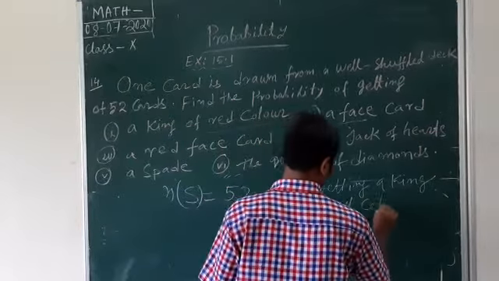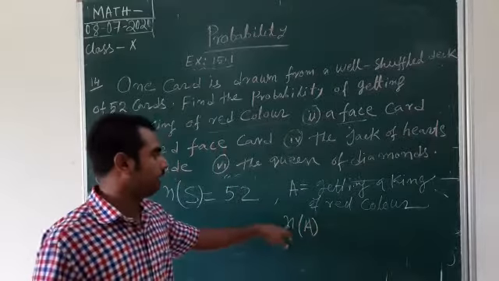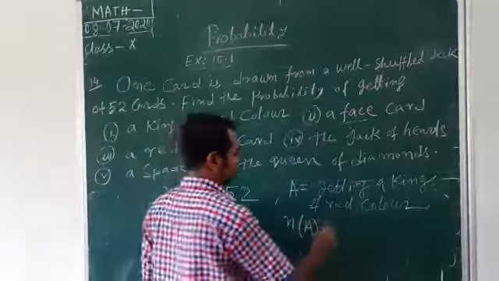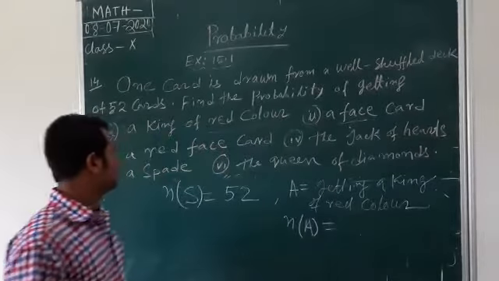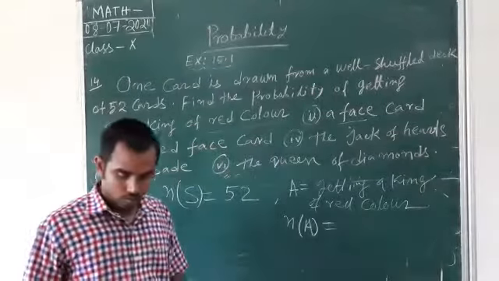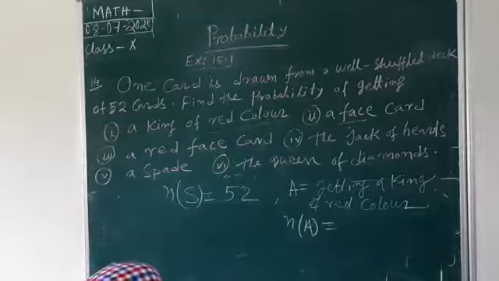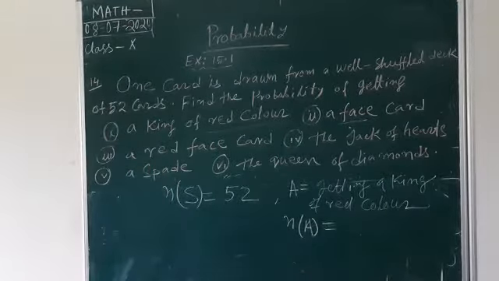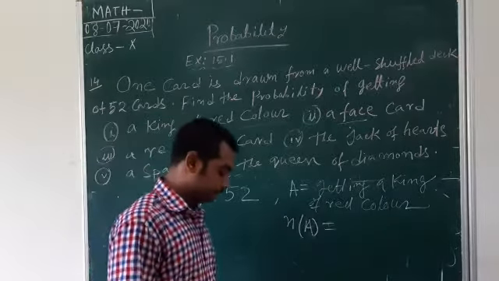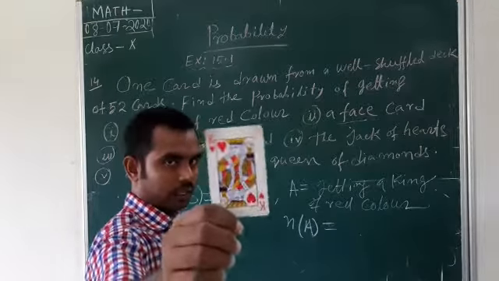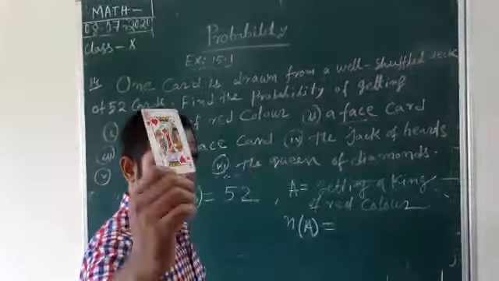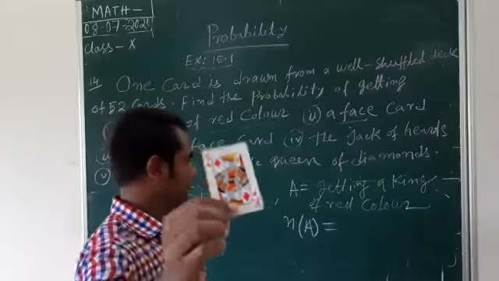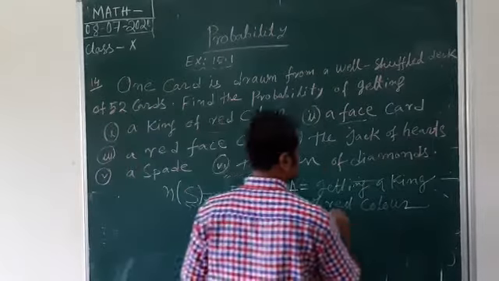So how many red color kings? n(A) means the number of red color kings. Here 2 kings, the king of heart and the king of diamond. So here red color kings are mentioned.